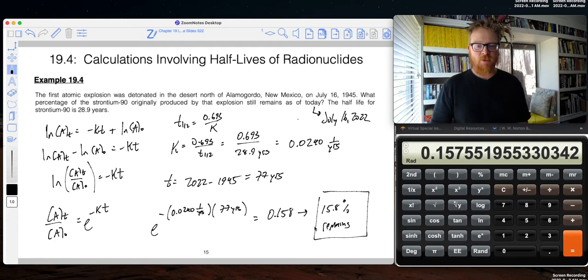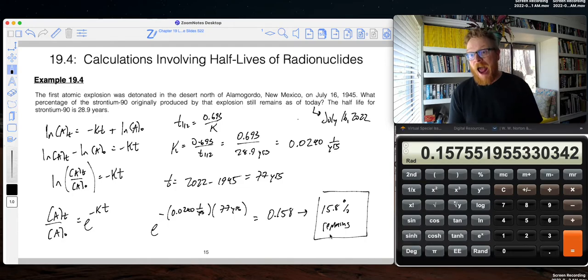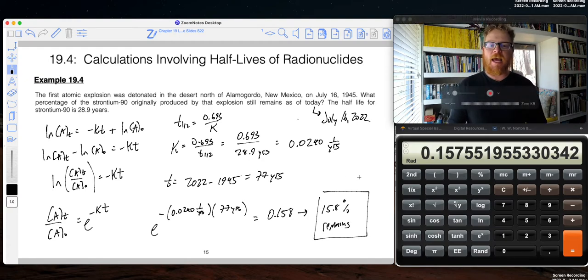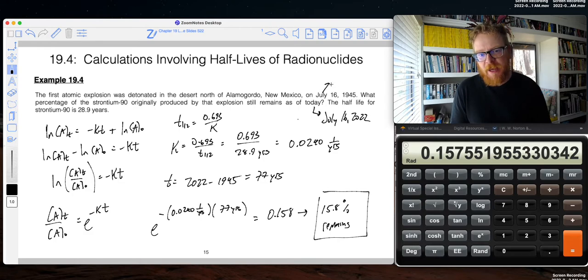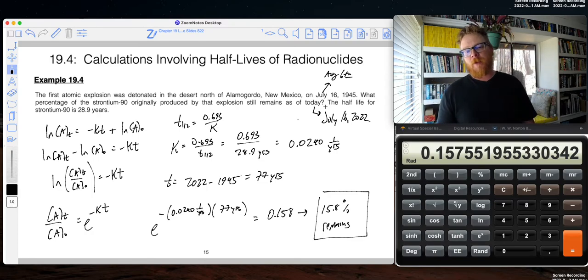If you think about this, right, this particular detonation was a test on American soil. And 77 years later, there's something like 16% of that material still around. And many of you are probably aware that's not the only atomic explosion that we've detonated. So just 2 weeks later, August 6th, 1945, that's when the bombs in Hiroshima and Nagasaki were detonated.